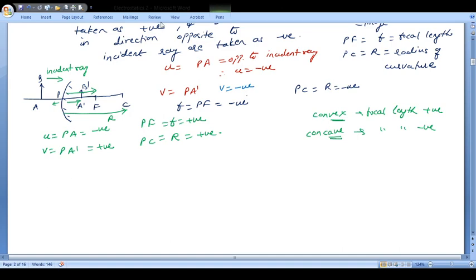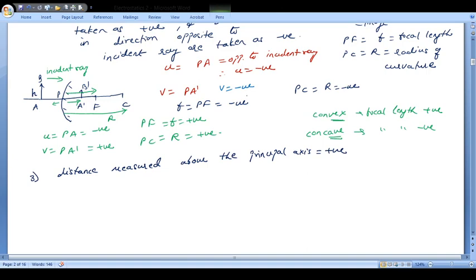Now you have another sign convention. These are the sign conventions which we are going to use. Third one: distances measured above the principal axis are considered as positive. Let us suppose I say the height of AB is h.